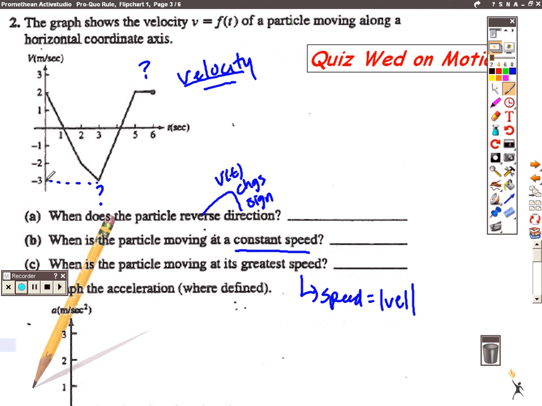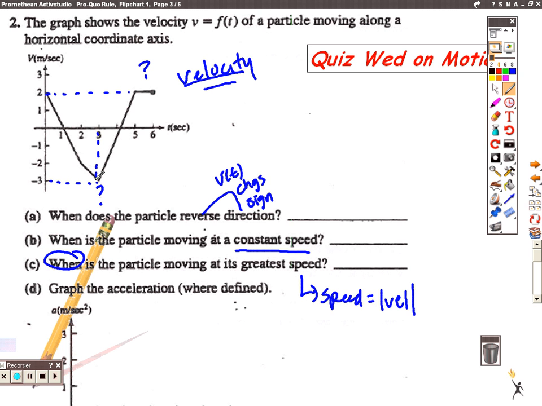That's -3 approximately, and this is about 2. So the greatest speed is the absolute value of -3, but the question said when. So I'm not looking for the speed itself, I'm actually looking for the time, and that occurs at 3 seconds.